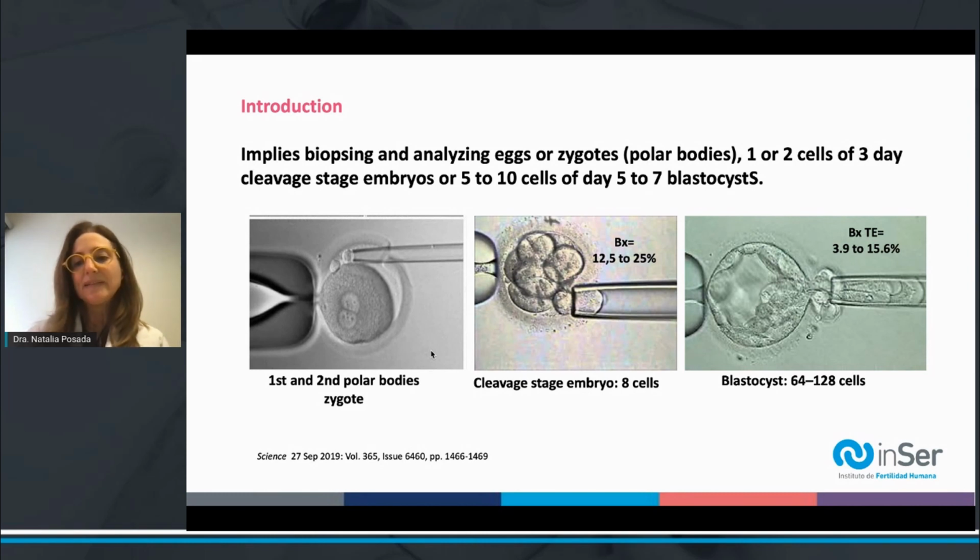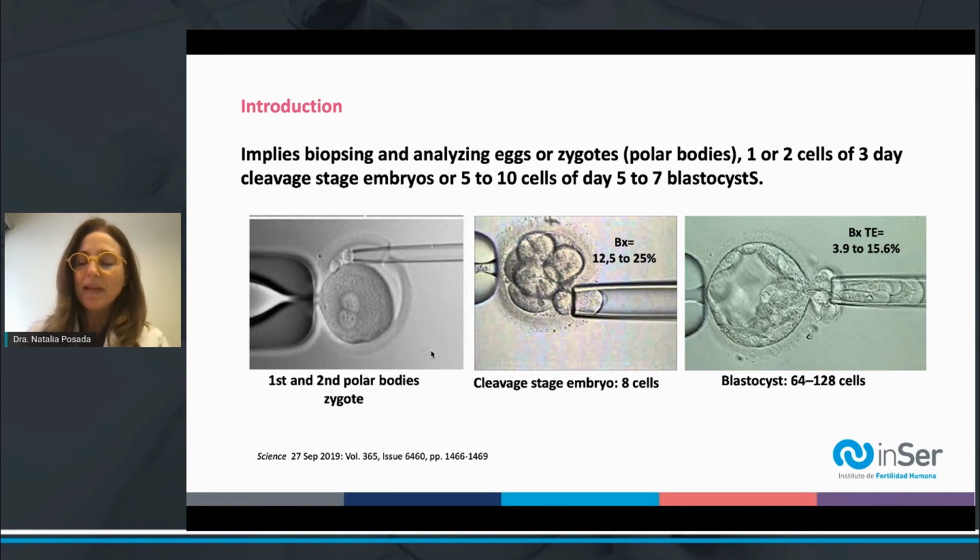8-cell embryo. And in the case of blastocysts, we usually take out about 5 to 10 cells from the outermost layer of these day 5 to 7 embryos called the trophectoderm, that will give origin to what we know as the placenta.